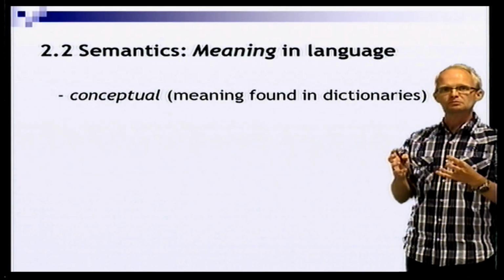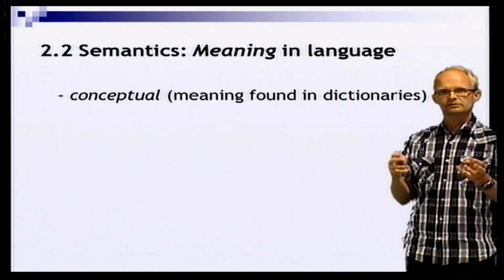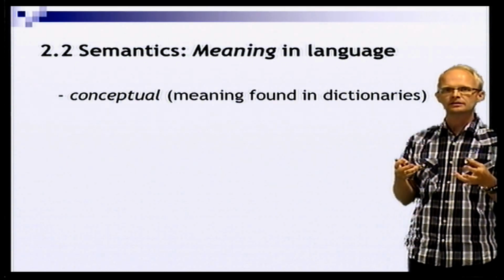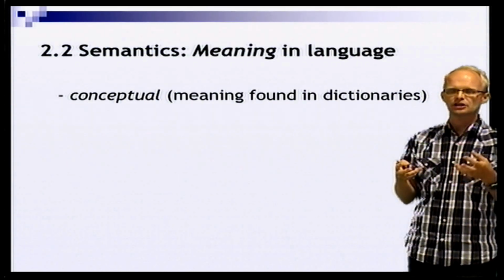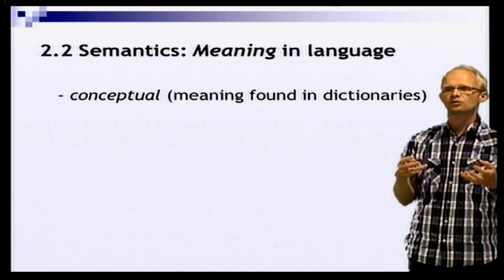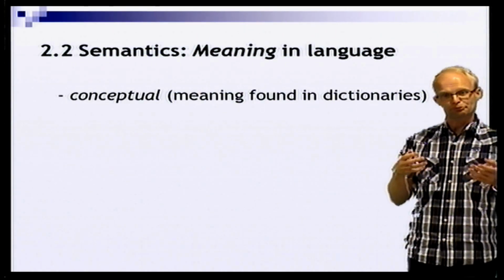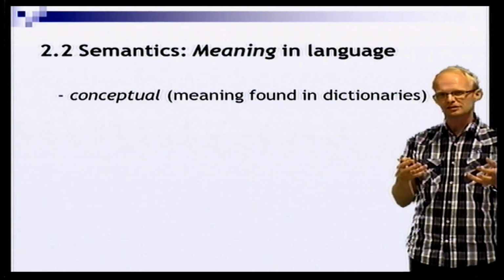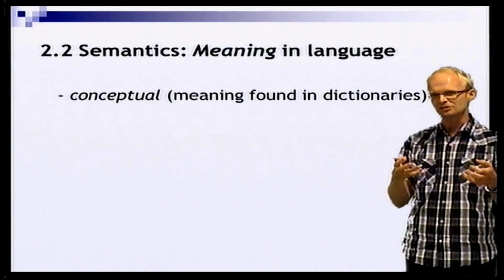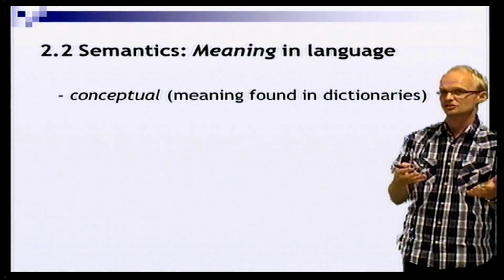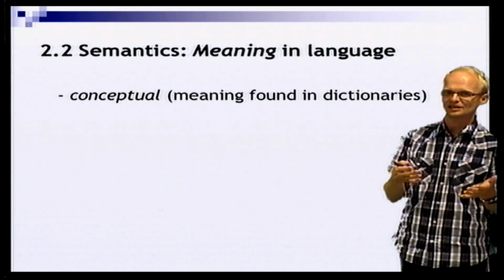First of all, we can look at meaning in a conceptual way. Conceptual meaning is the meaning that is found in dictionaries. We can go to a dictionary to see how words are explained. The problematic thing is, of course, that sometimes words are explained differently in different dictionaries. This makes it complicated.